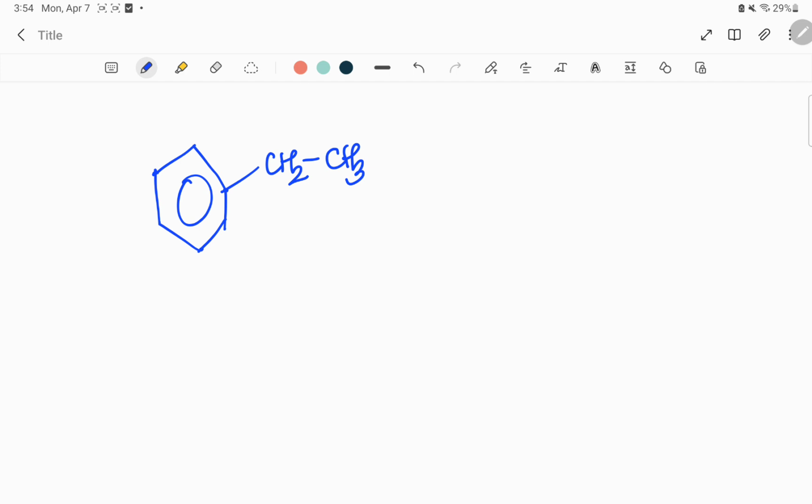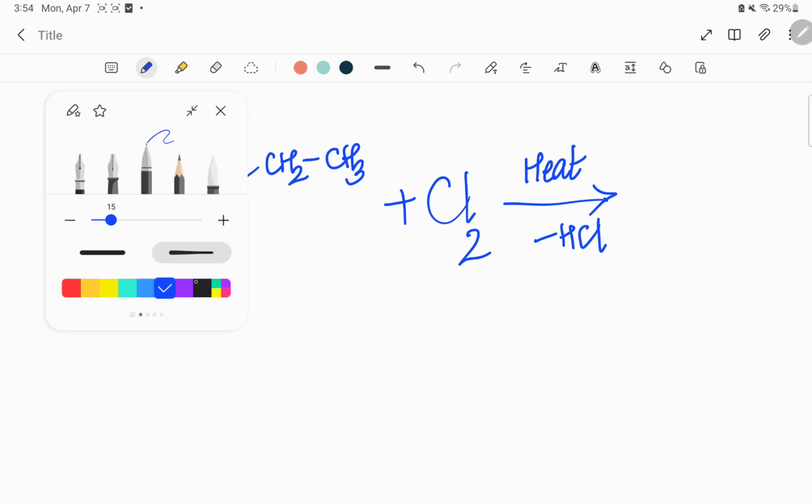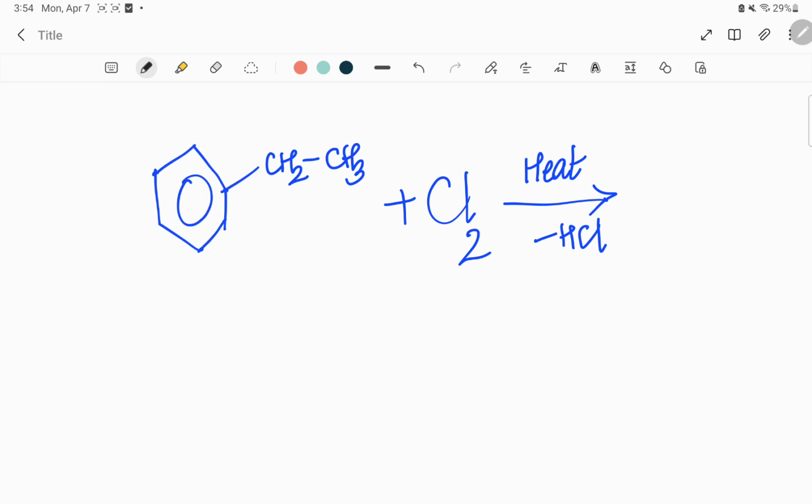Now if I take ethyl benzene and if I am doing this same method, that is adding halogen in presence of heat or UV light, then you can see that HCl will be released and one of the carbon atoms will have the chlorine substituent. Now here you have to understand that always the carbon which is directly attached to the benzene ring will be substituted.